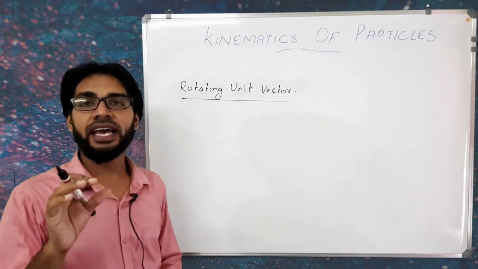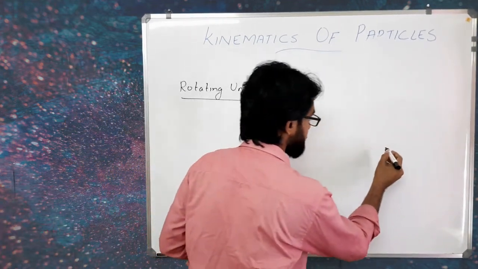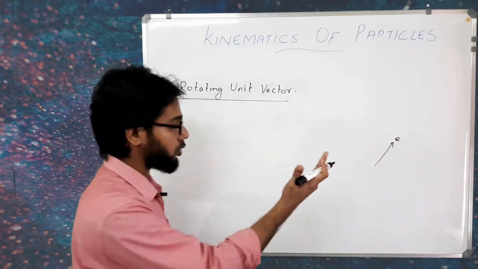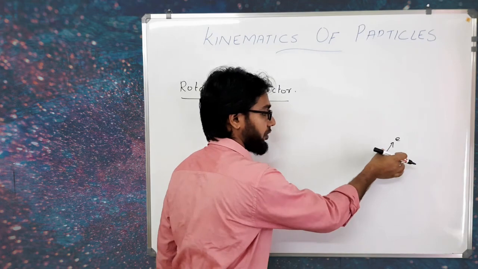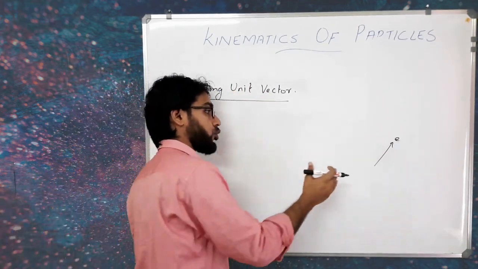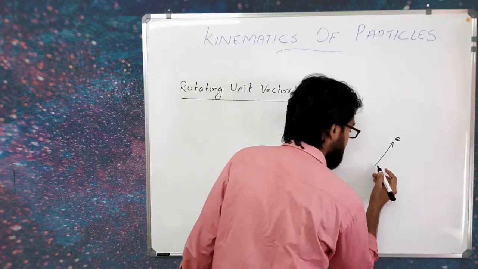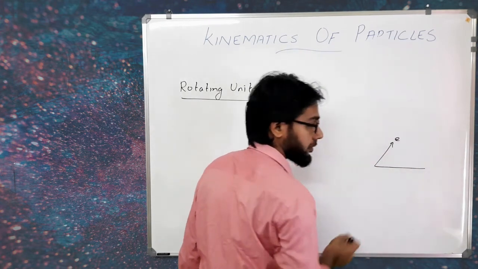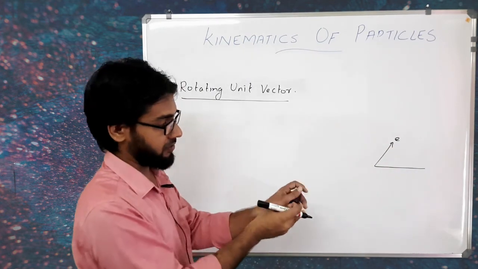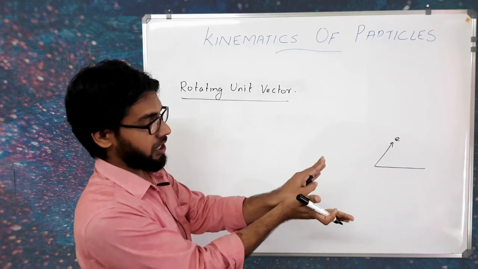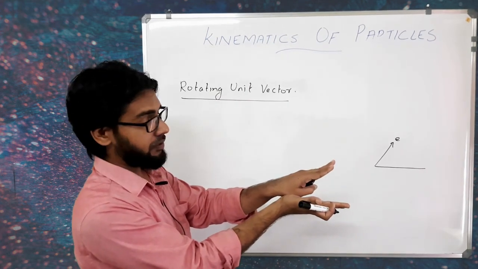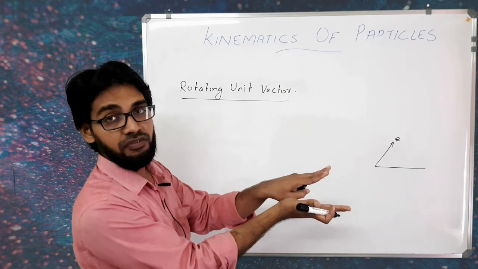Now, suppose I have a unit vector E that is in a plane. Consider I have a plane like this. I have a unit vector E that is undergoing an angular rotation with reference to another plane. So this is one plane, this is another plane. One is the reference plane, the other is the plane which keeps on rotating with respect to the reference plane.